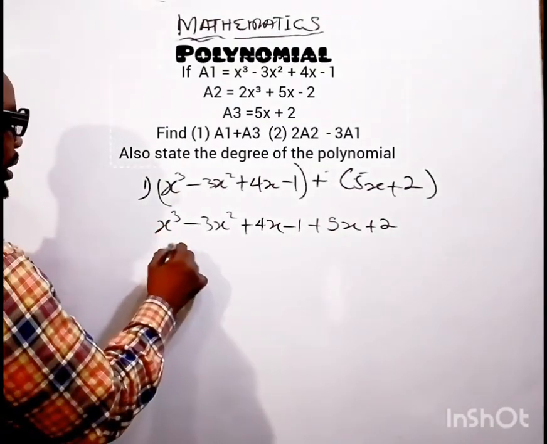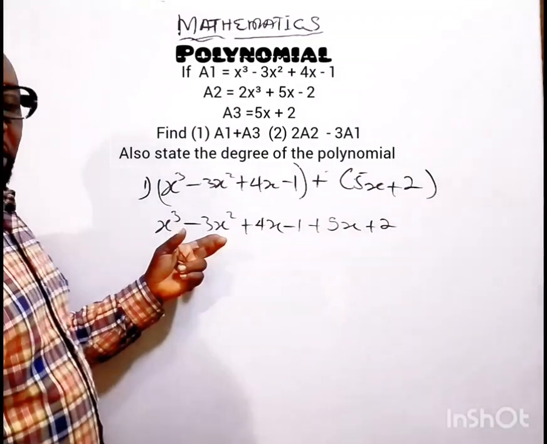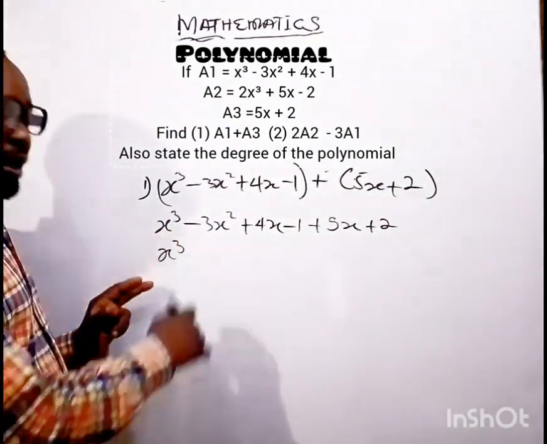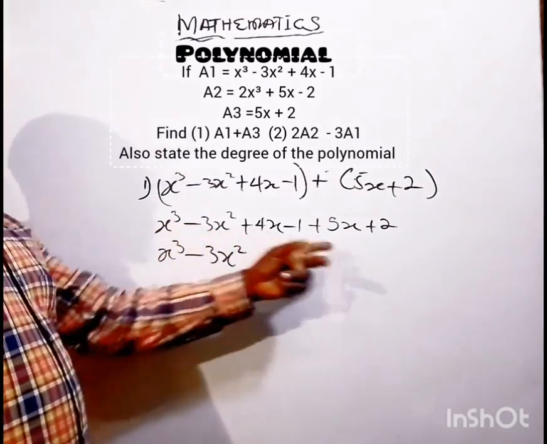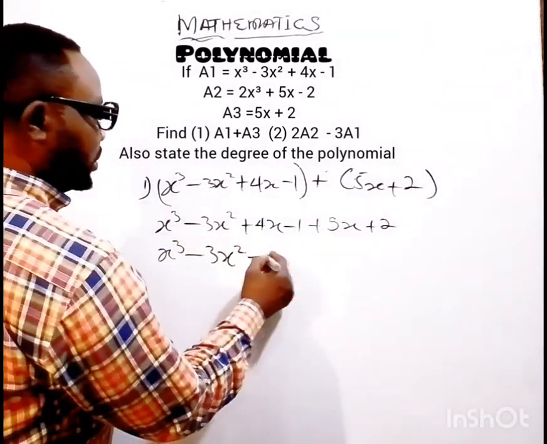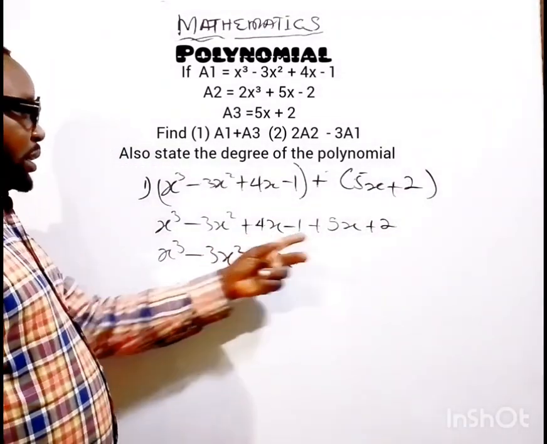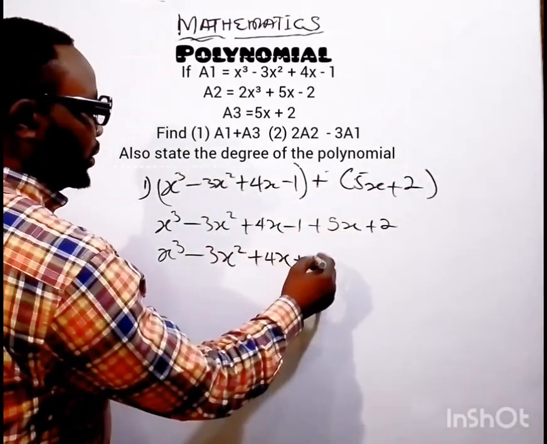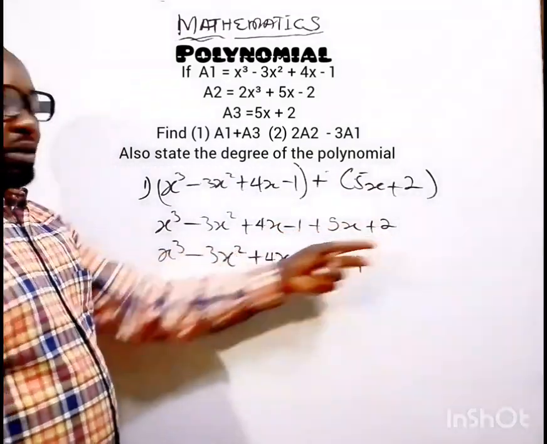We're having x cubed. Do you have any other x cubed? No other term is x cubed here. So that is okay. Minus 3x squared. No other term is also x squared. Plus 4x. Is there any other term that is x? That is 5x. Minus 1 is a constant, and plus 2 is another constant.